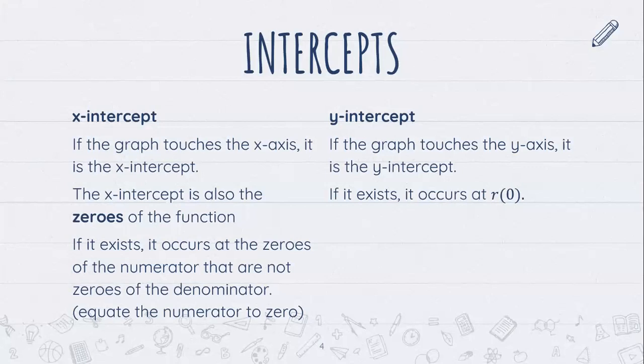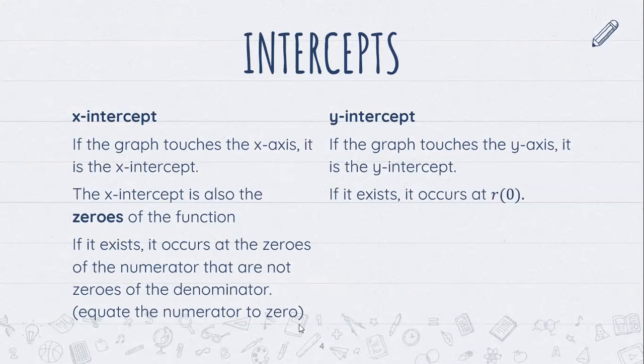Okay? So, paano kunin si x-intercept? May mga times na hindi tayo nagkakaroon ng x-intercept. Pero just in case it exists, when present in a graph, it occurs at the zeros of the numerator that are not zeros of the denominator.